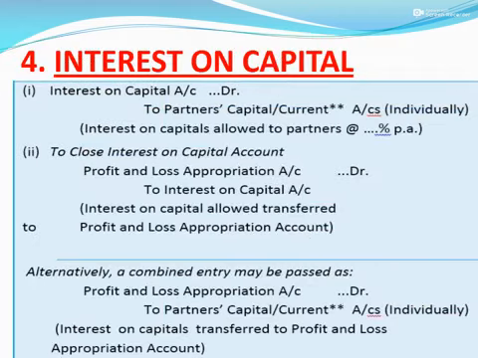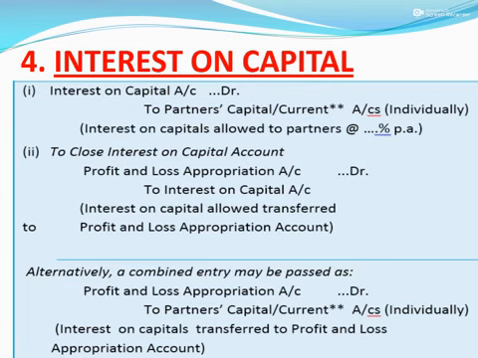Next we come to the interest on capital. The interest which a firm is giving to the partner is an expense for the firm. So when we are allowing interest on capital, the entry will be interest on capital account debit to partners capital or current account. Then we will charge it from the profit and loss appropriation account.